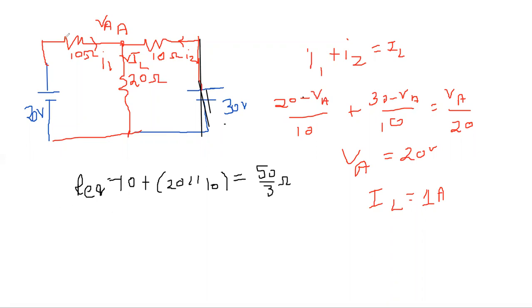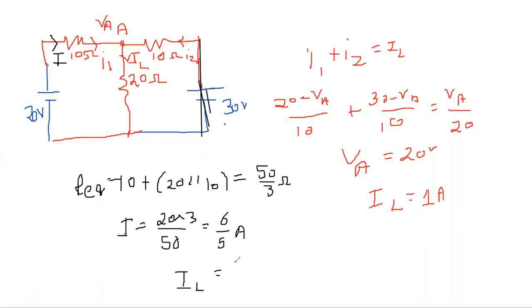So this current, let it be I. This big current I is 20 divided by 50 by 3, so 6 by 5 ampere is the current through this. So what is IL?